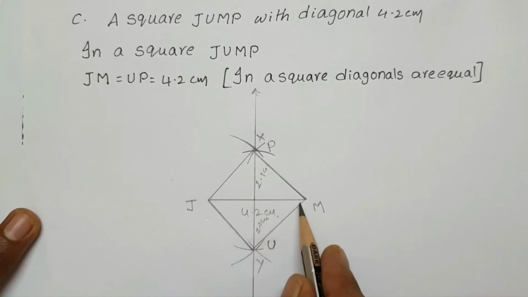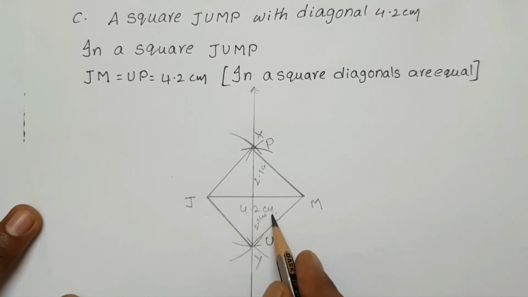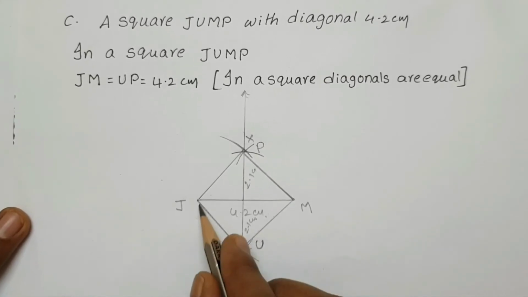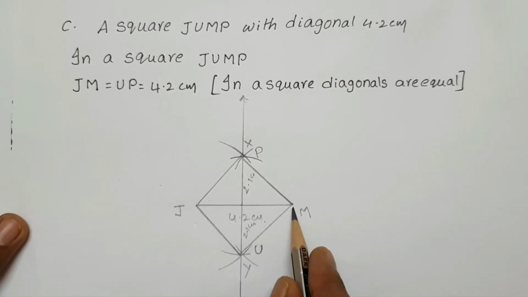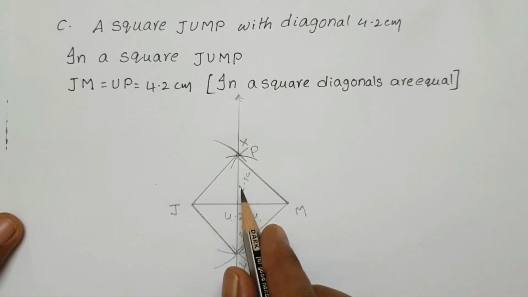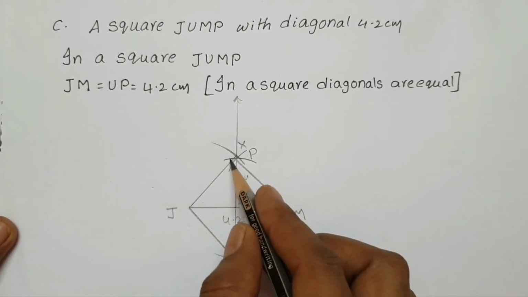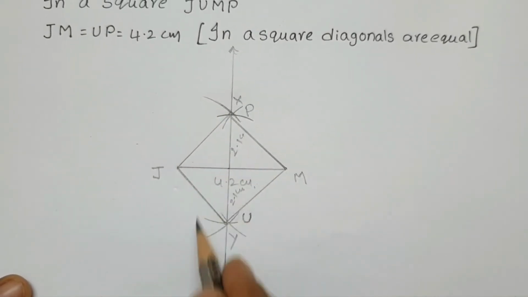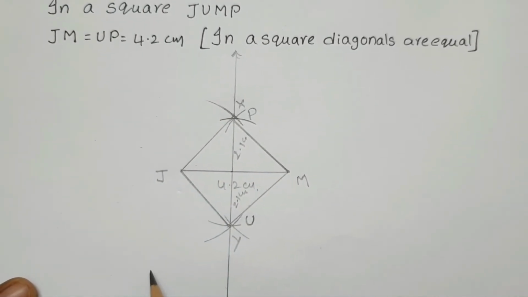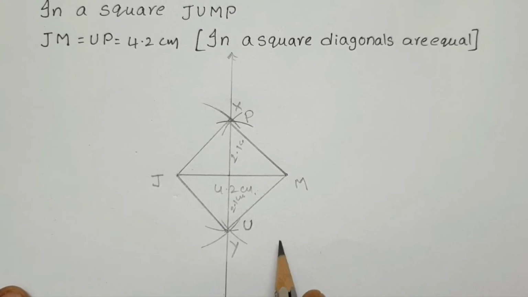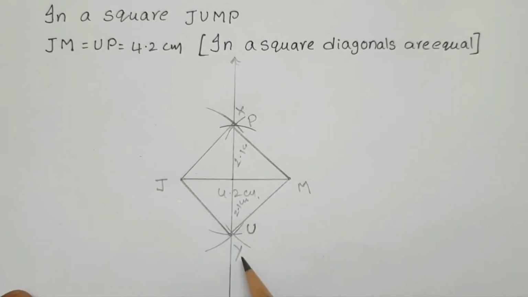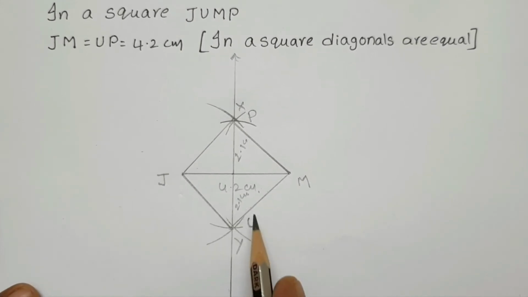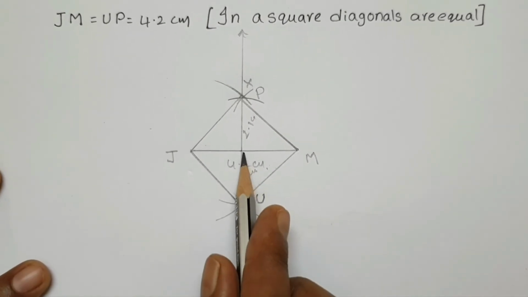First draw a line segment JM equal to 4.2 centimeters. Next draw arcs with centers J and M of more than half of JM, above and below. These two arcs meet at X and Y. Join XY.